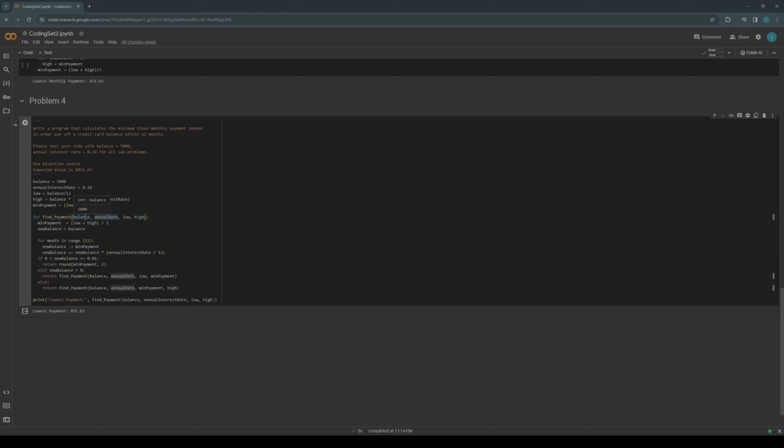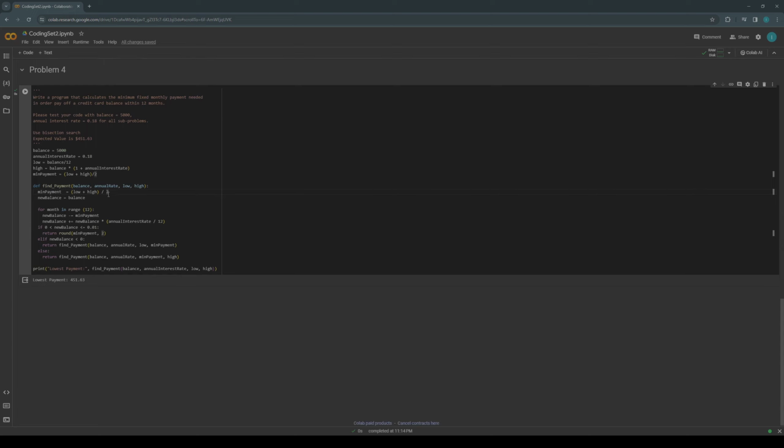We are inputting a balance, an annual rate, the low, and the high. So minimum payment always is going to be your low plus your high divided by 2. The average between those numbers, and as we get closer to the number, we're going to average on the correct number, squeezing in on the correct number. And then new balance right here is going to be equal to the balance that is input.